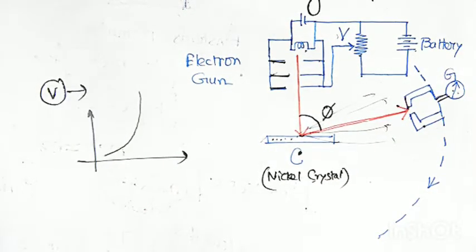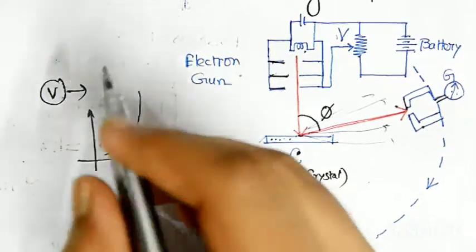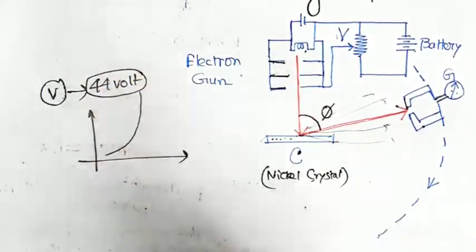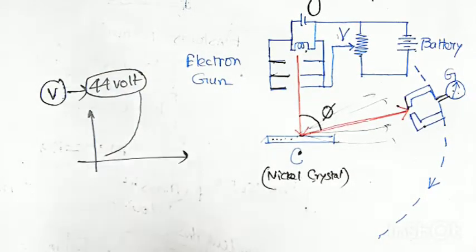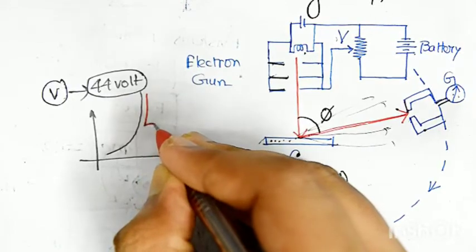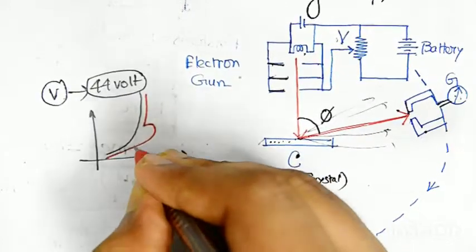But things started to change when they increased the potential difference up to 44 volt. They found that the graph was no more linear, but there was a hump. Some bending was occurring like this.